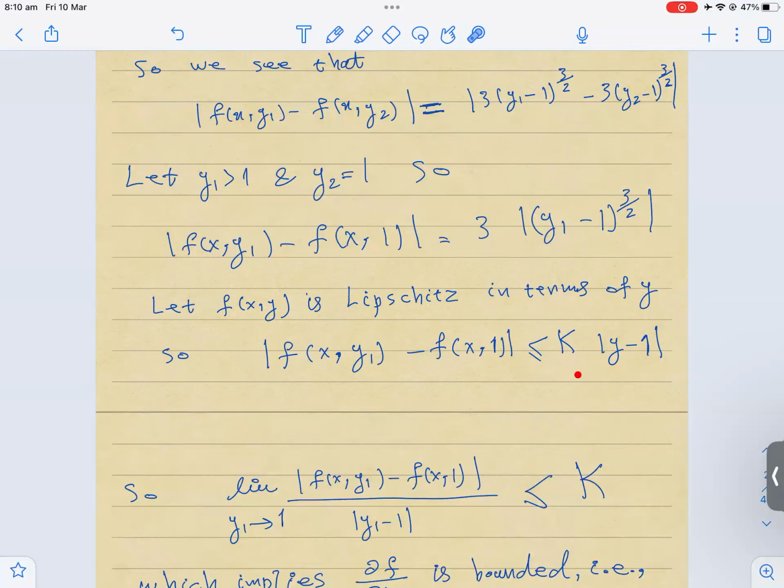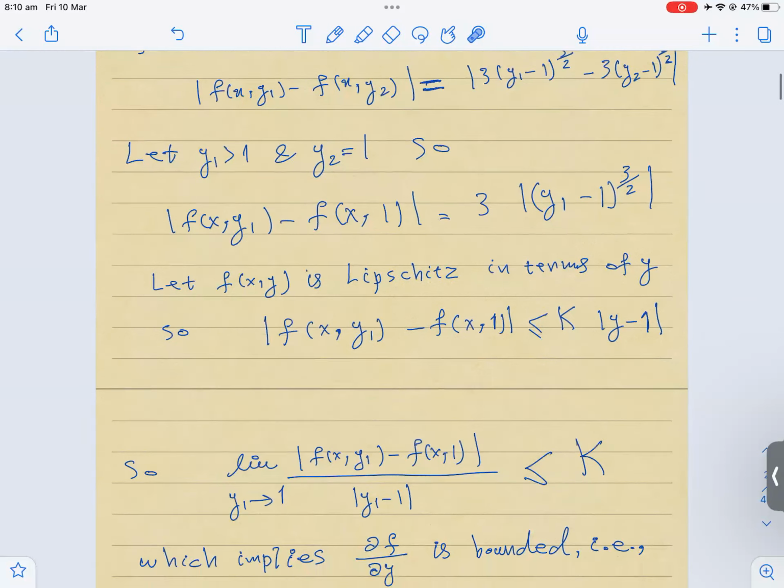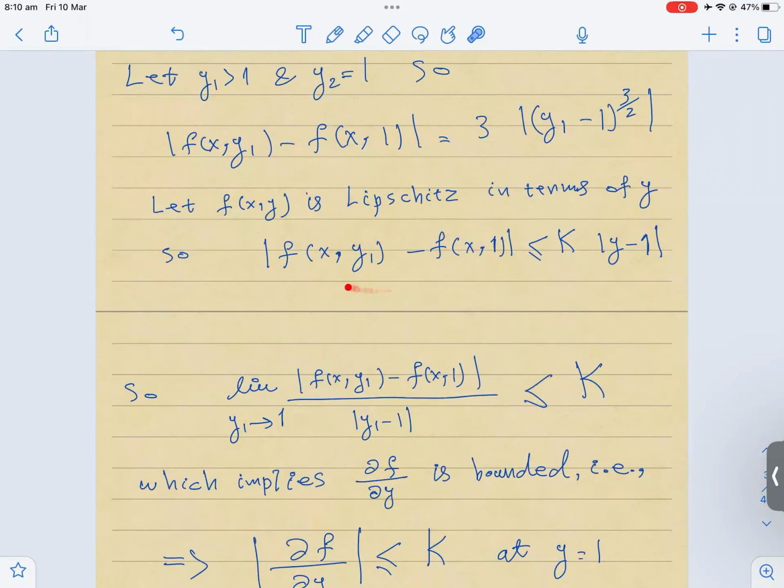Any question? When I have this part, I can divide everything by y minus 1, so I will have this fraction here. Therefore this fraction is okay for every y1. I let y1 approach 1, so the limit of this fraction will be less than k.